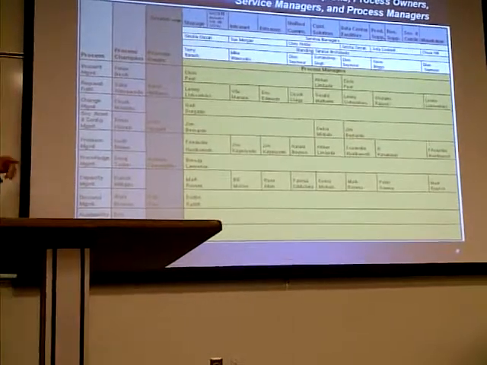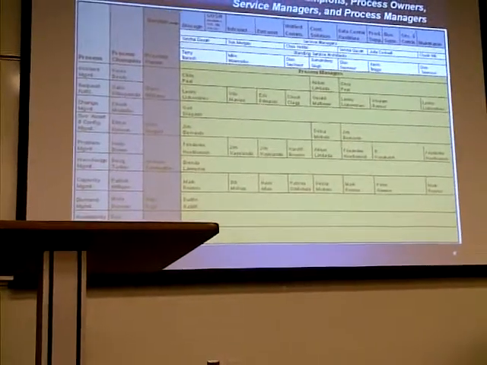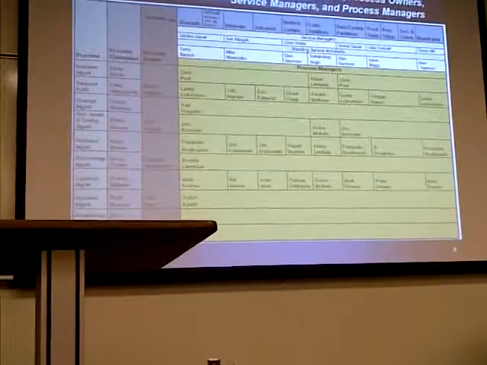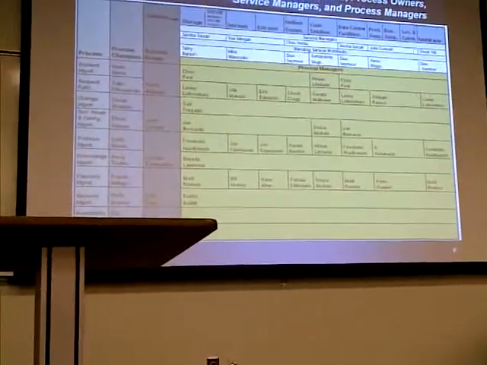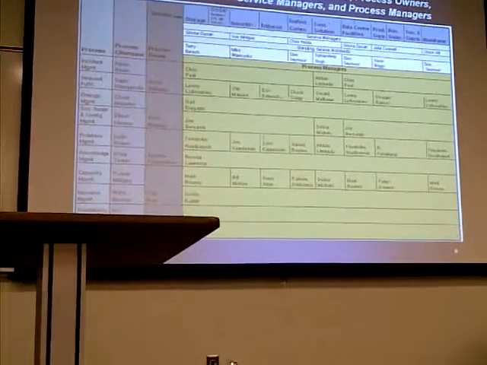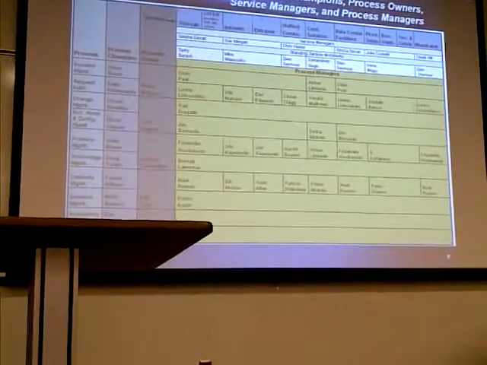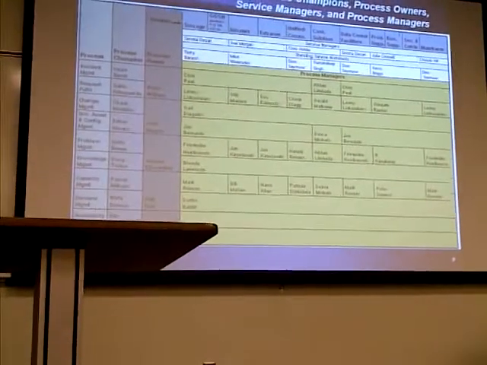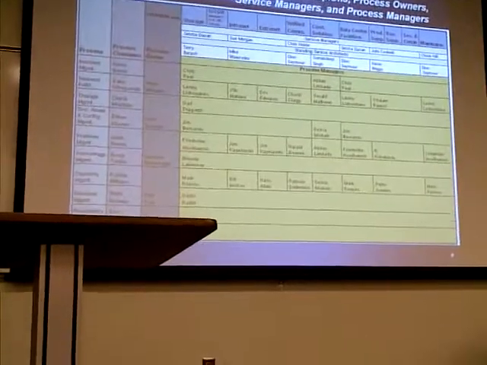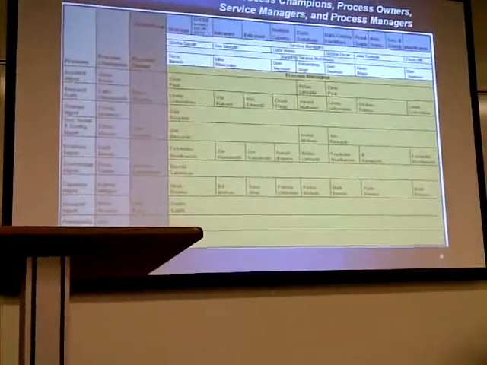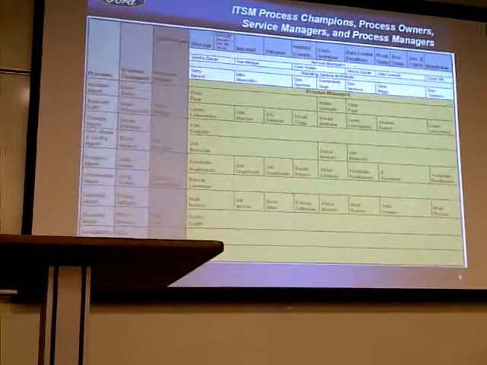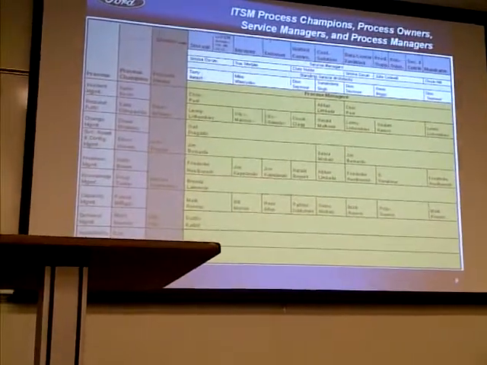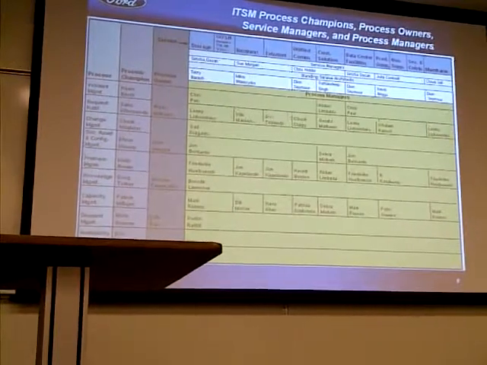If you look at request and problem and capacity in particular, all of those process managers are part of the functional teams, whether they're in planning or operations or engineering. They're helping to execute those processes. They're typically squaring off with what we call a process practitioner. Those are the folks that are executing the processes on a daily basis, maybe like an incident manager, responsible for queue and service desk.